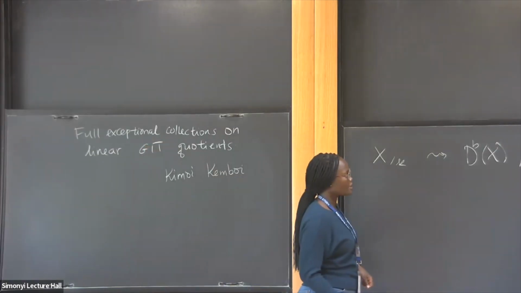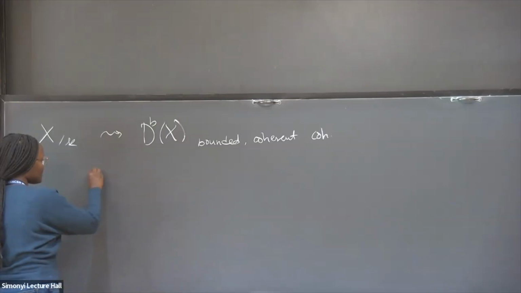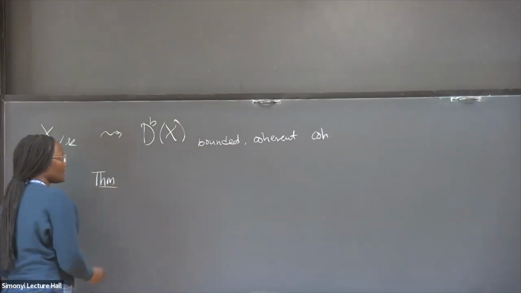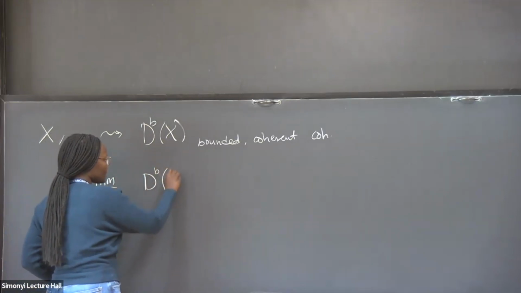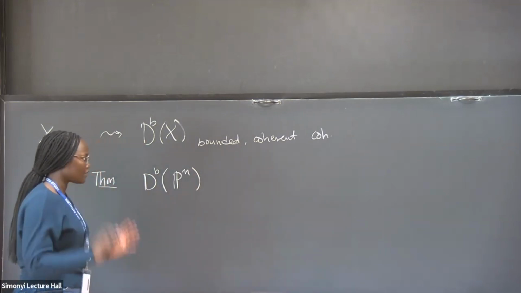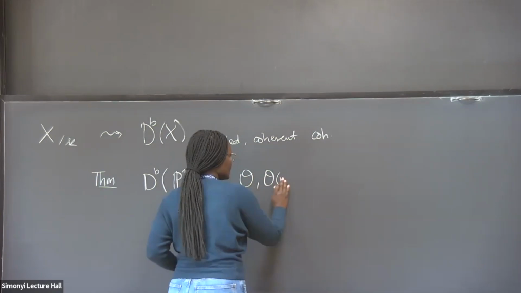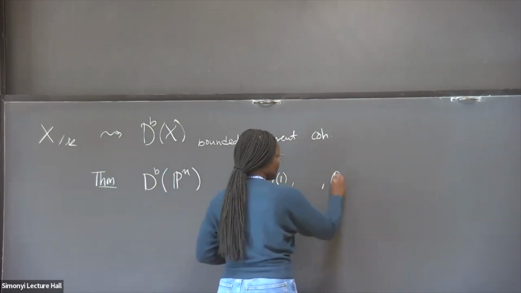Basically, where this structure started from is this result of Beilinson from the 70s. And this is a pretty cool theorem. It says that the derived category of projective space can be described very concretely just from any list of n+1 consecutive line bundles.